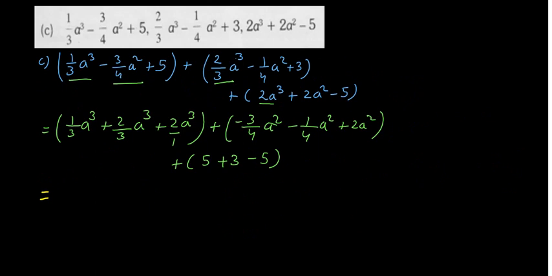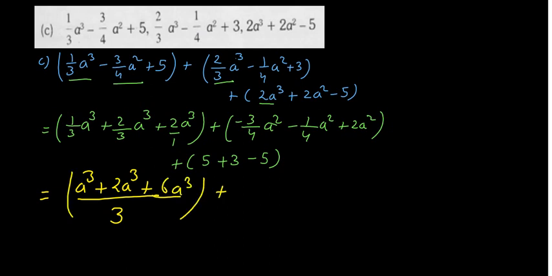Okay, then for the first bracket we will take 3 as the LCM. So the first term will remain a cube, the second term will remain as it is, and the third term will be multiplied by 3, so 2 3s are 6, 6a cube. Plus, in the second bracket we are taking an LCM of 4.